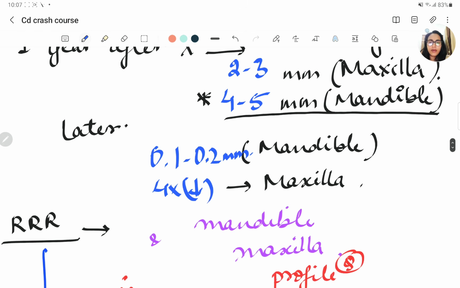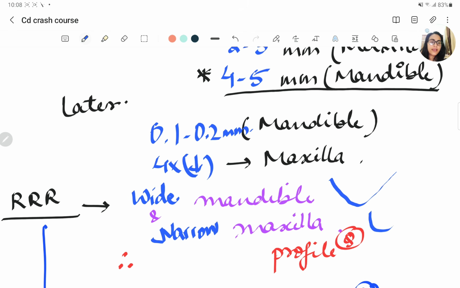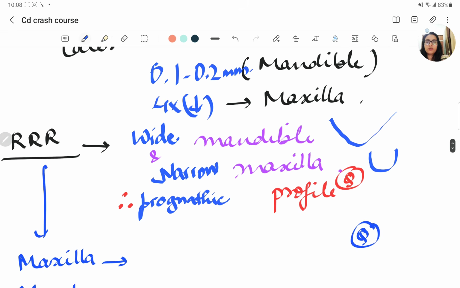After residual ridge resorption, we see widening of the mandible and narrowing of the maxilla. So the mandible becomes wider and the maxilla becomes narrower. Therefore, the patient has a prognathic profile after residual ridge resorption.